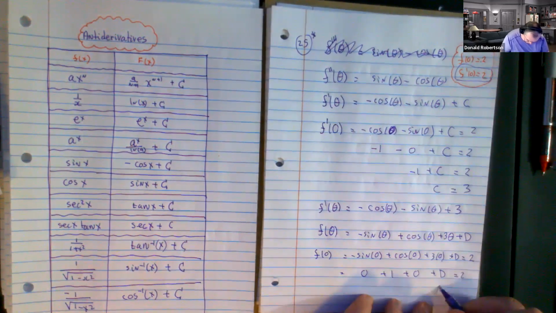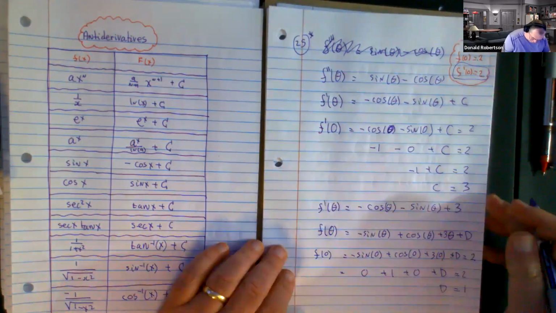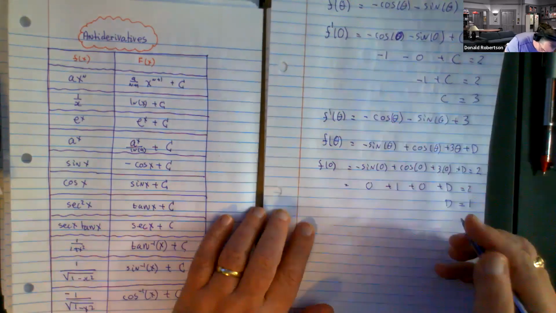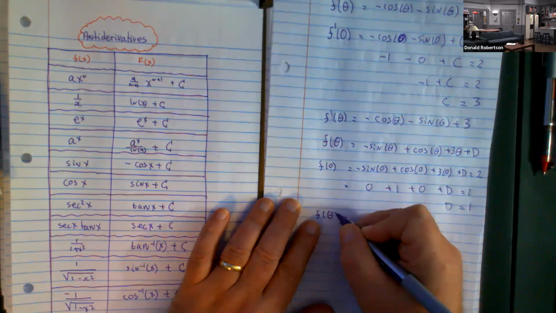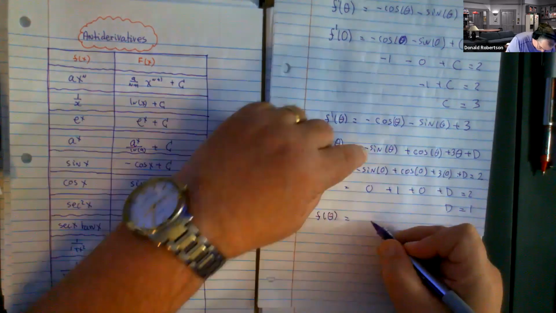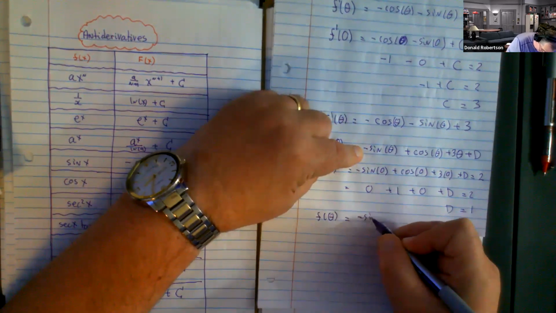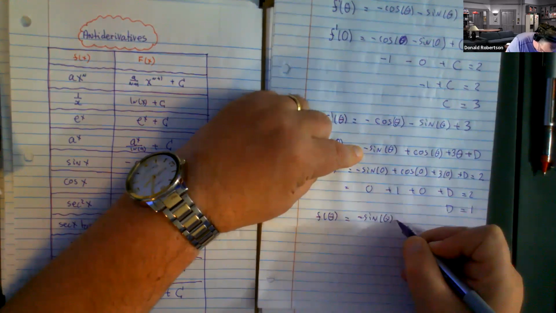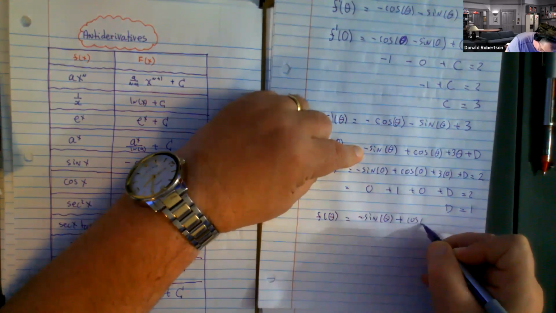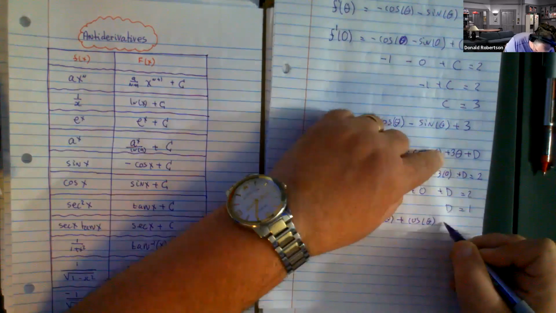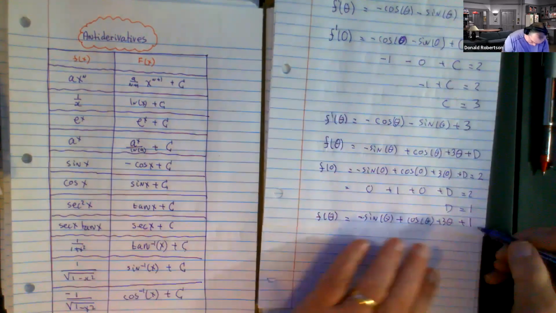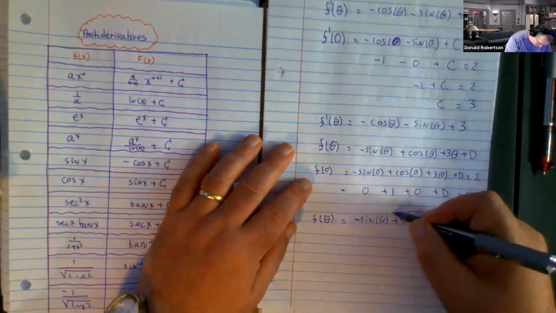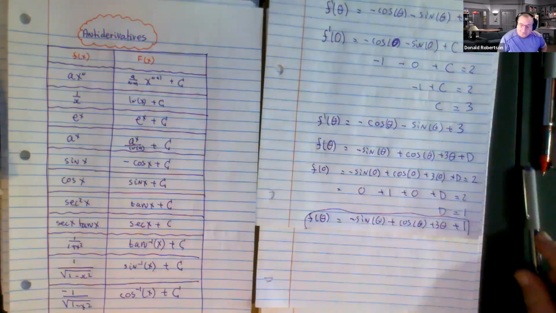A little bit of working on it, d is 1. And we finally get our answer, that it's negative the sine of theta plus the cosine of theta plus 3 theta plus 1. We're done.